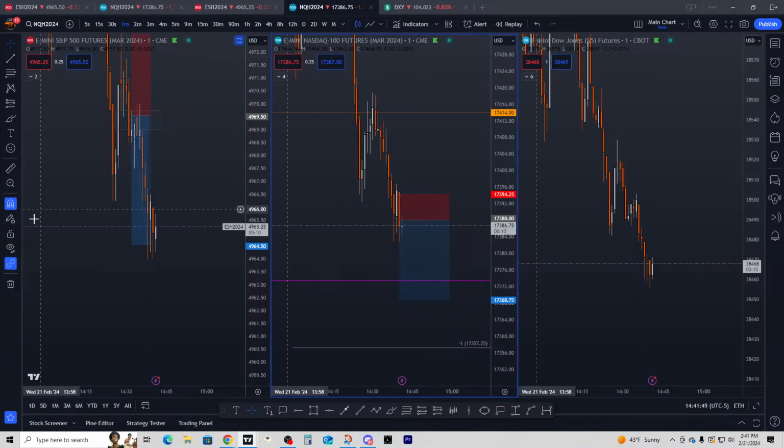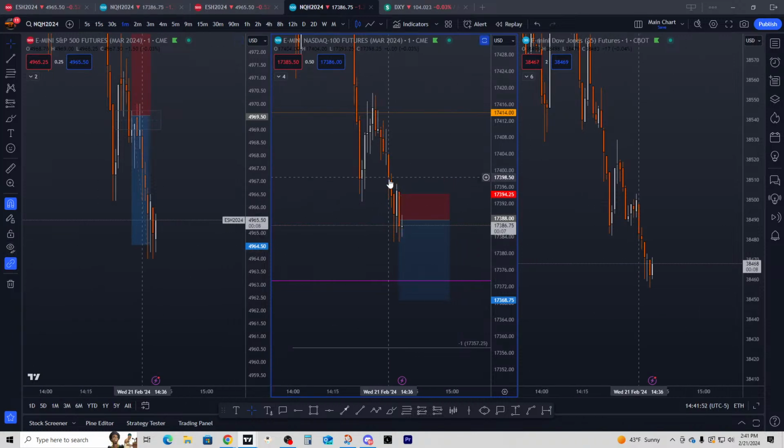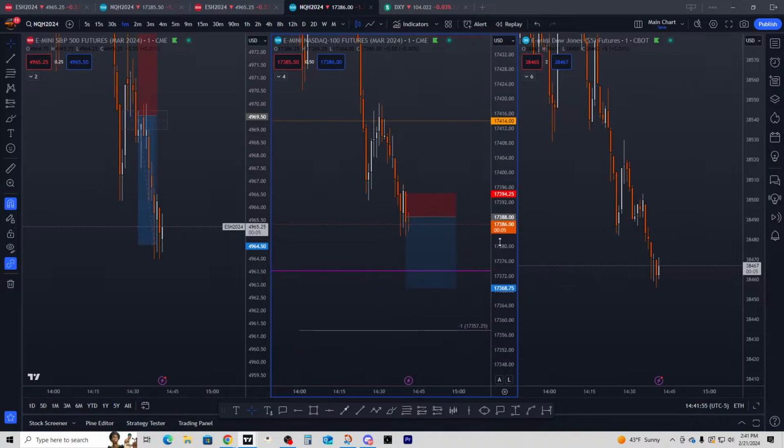Now we have this 1 minute order block. We'll see if that 1 minute order block wants to hold, but we never hit this volume balance up here either. So I'll pay attention to that.